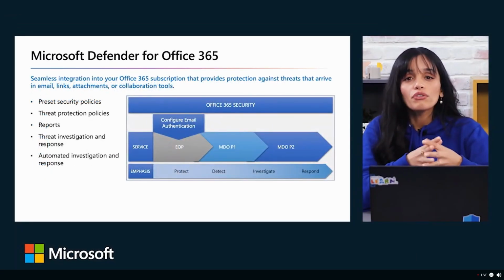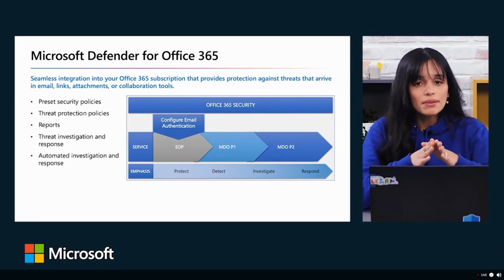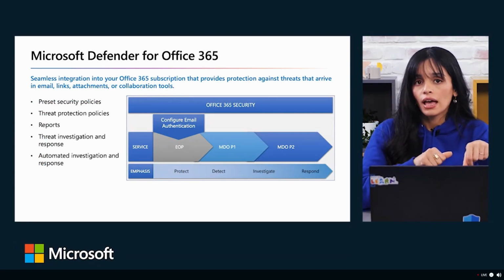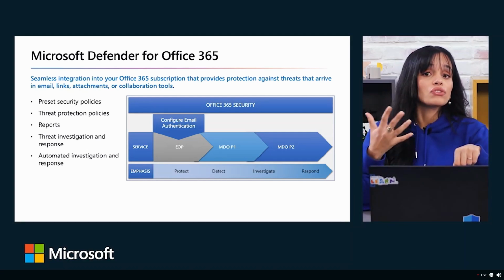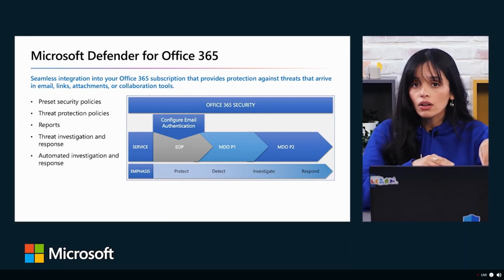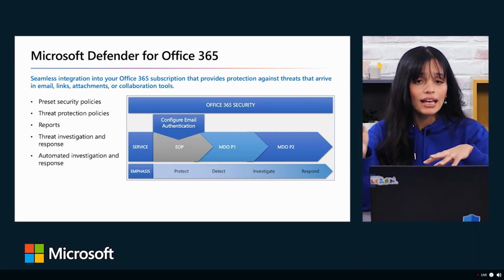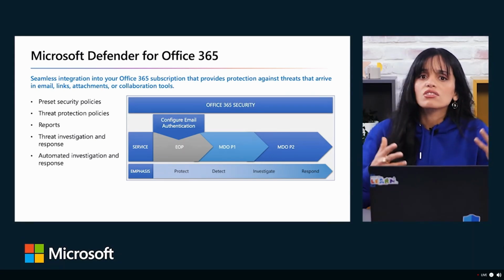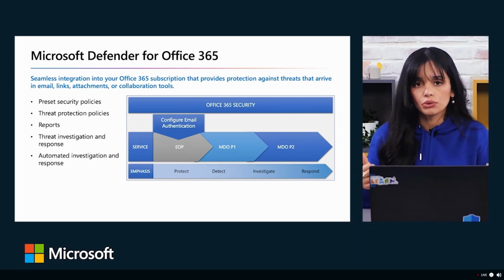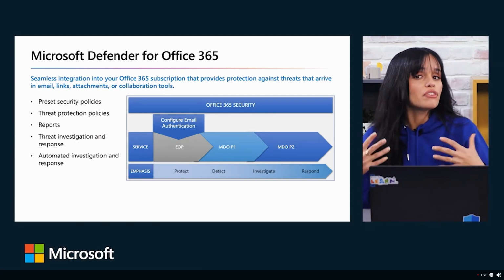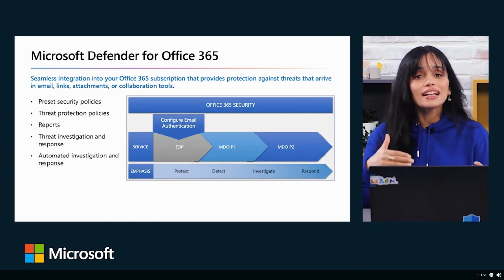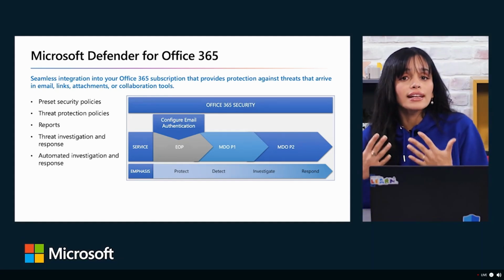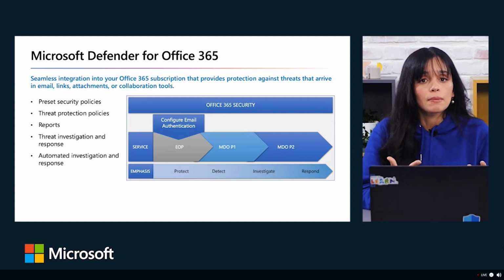Microsoft Defender for Office 365 is a seamless integration into your Office 365 subscription that provides protection against threats that arrive in emails, links like URLs, attachment, or collaboration tools such as SharePoint, Teams, and Outlook. Defender for Office 365 provides real-time views of threats and tools you can use to stay ahead of potential threats.